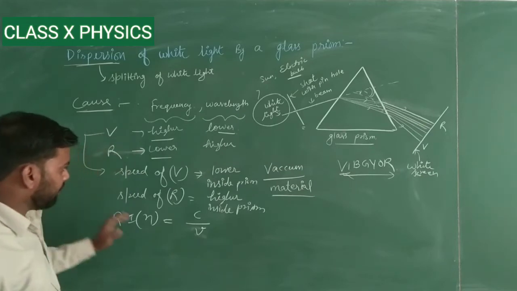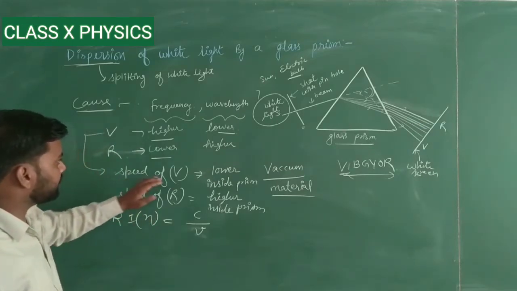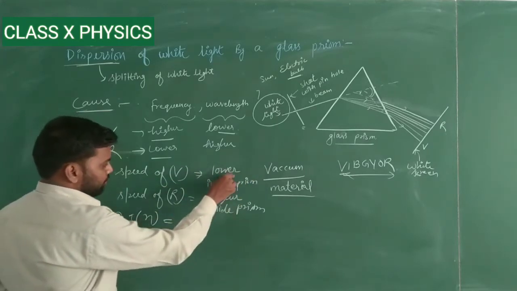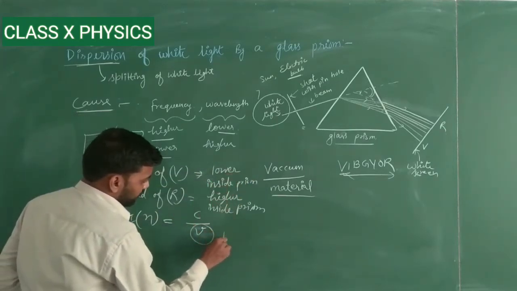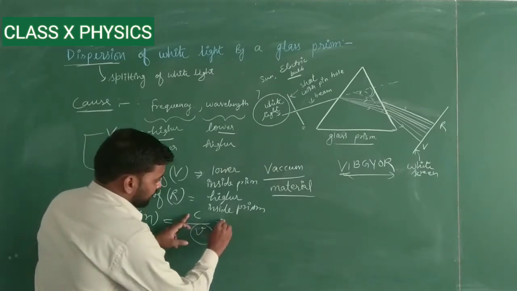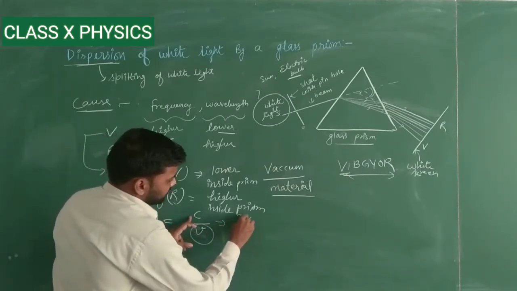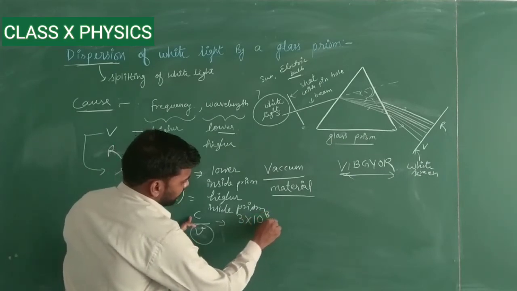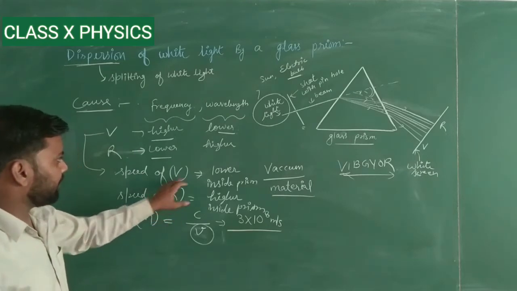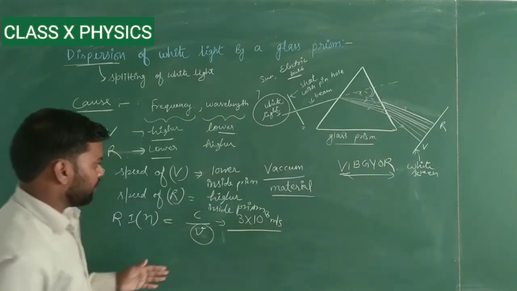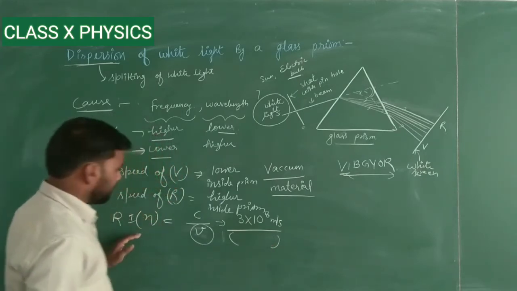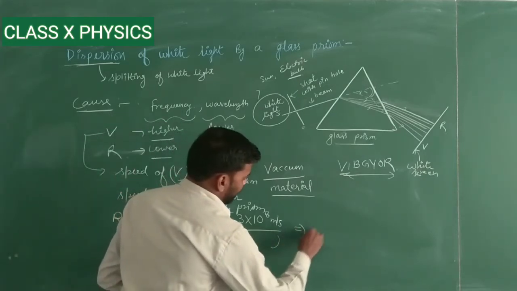Now students, the speed of violet color inside the prism is lower. If we put the lower value here, because the speed of light in air is always fixed, that is 3 into 10 to the power 8 meter per second, but the speed of light inside the prism is lower, then definitely the refractive index will be higher.